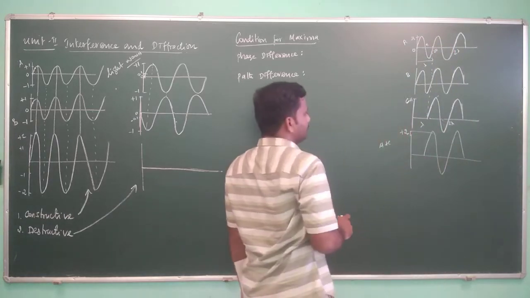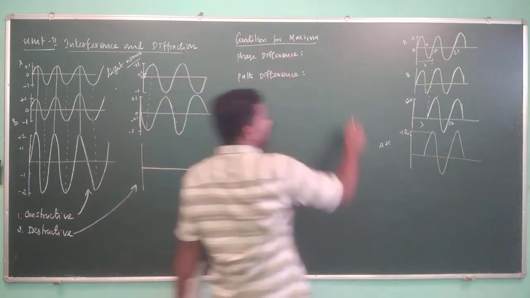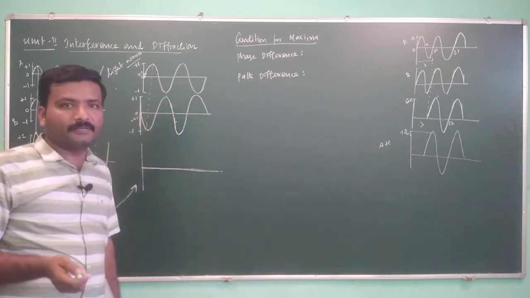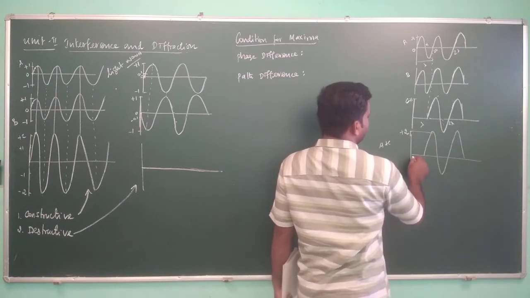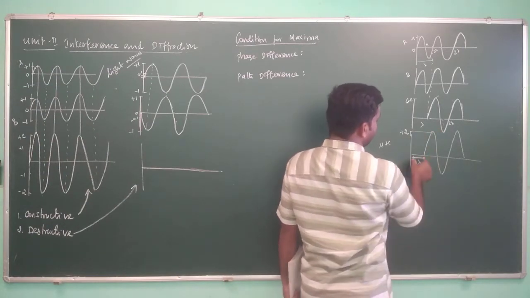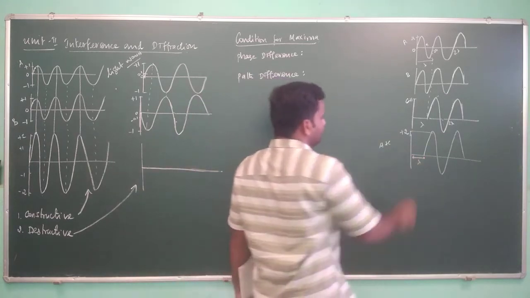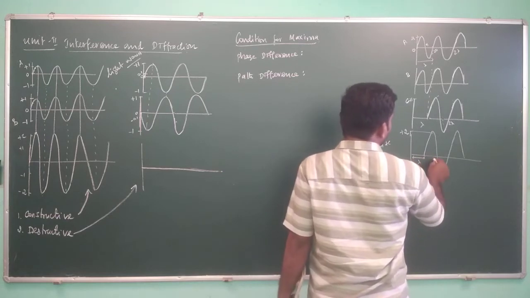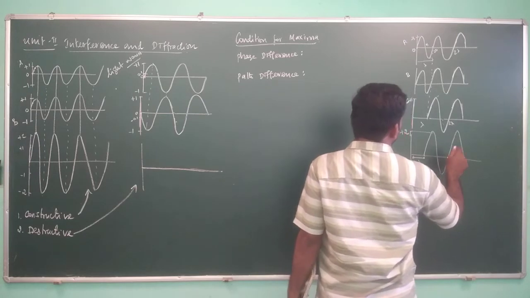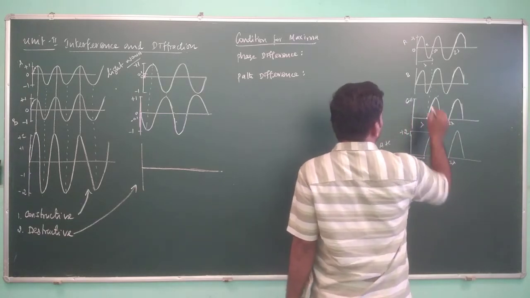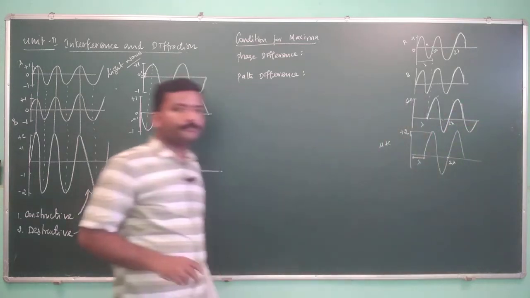Now see, when we have two waves A and C, the interacting waves will have maximum amplitude when the path difference is lambda, or when the wave starts from 2 lambda. If the wave starts from here and goes like this, there also you will get constructive interference.